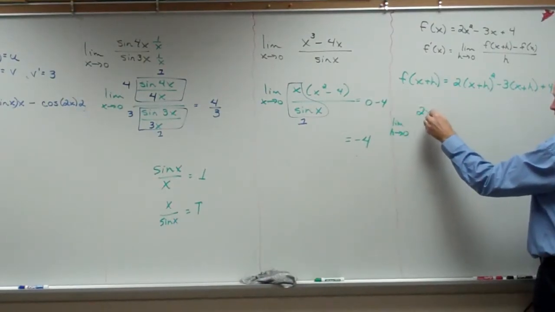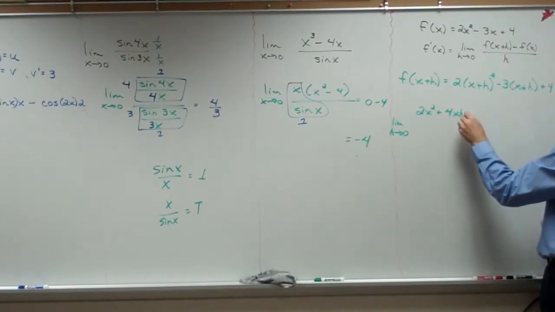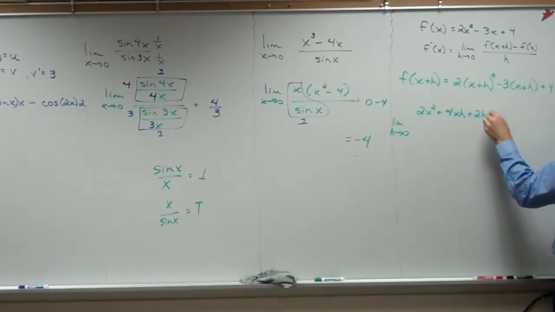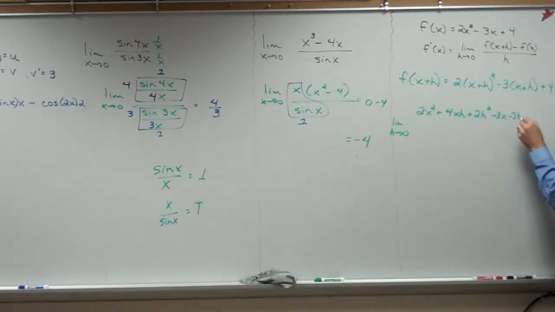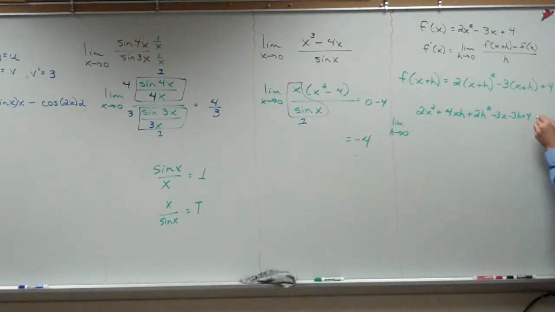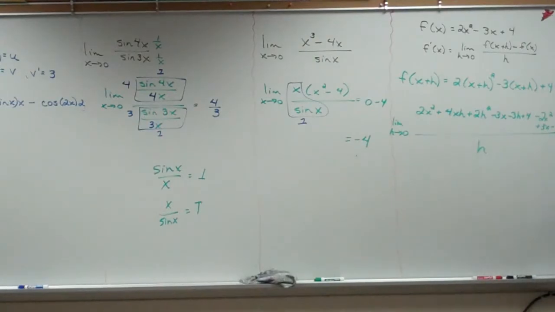That's 2x squared plus 4xh plus 2h squared minus 3x minus 3h plus 4 minus 2x squared plus 3x minus 4 all over h.